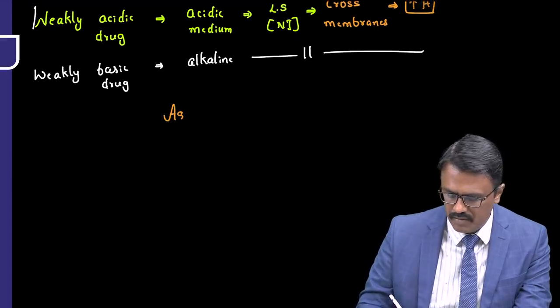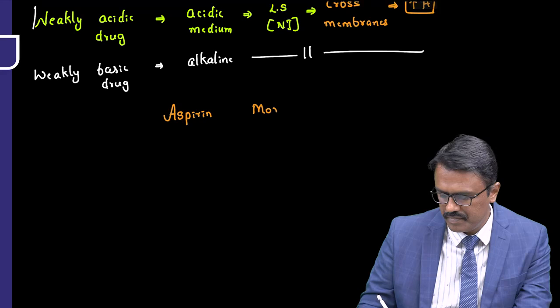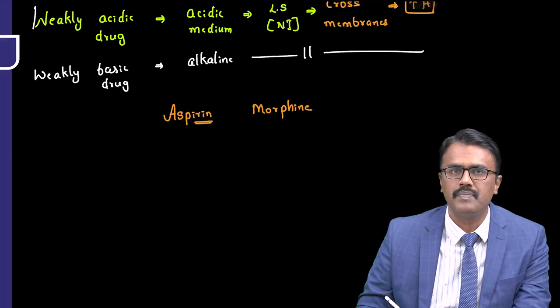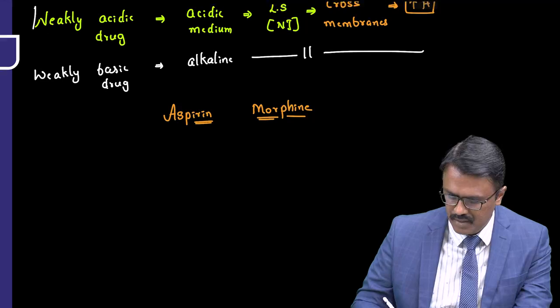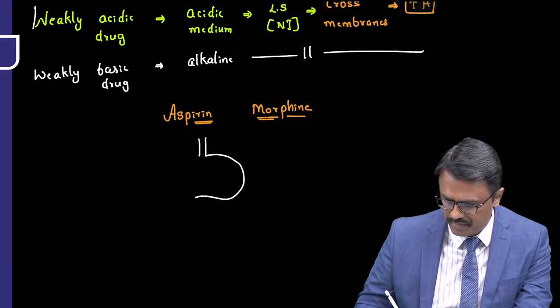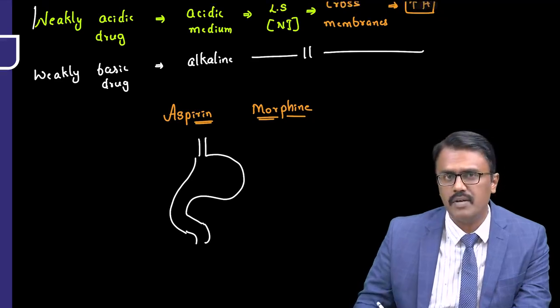Suppose you take the example of aspirin and morphine. Aspirin is an acidic drug and morphine is a basic drug. If I consider the GIT, this is the intestine. Now where is aspirin absorbed from?